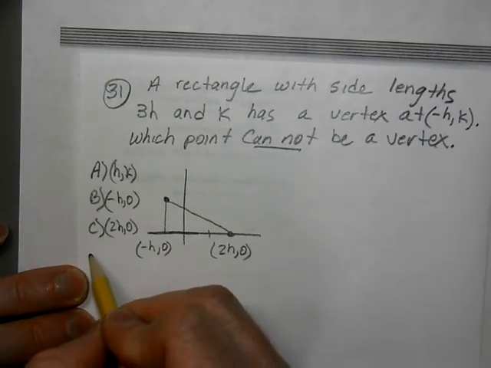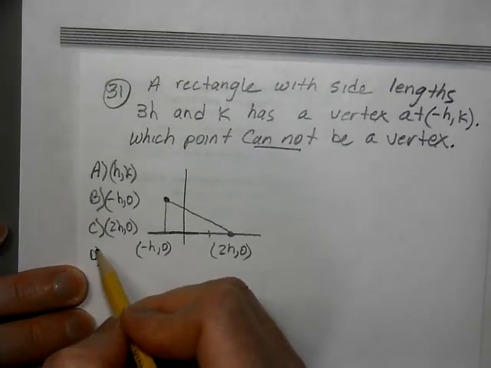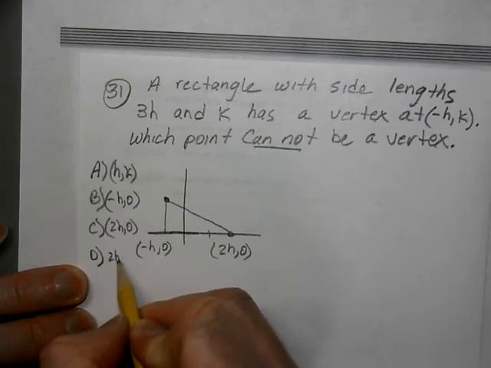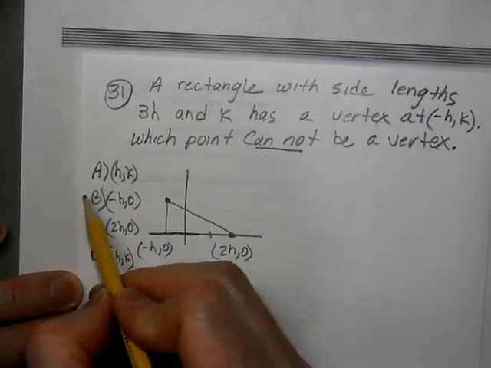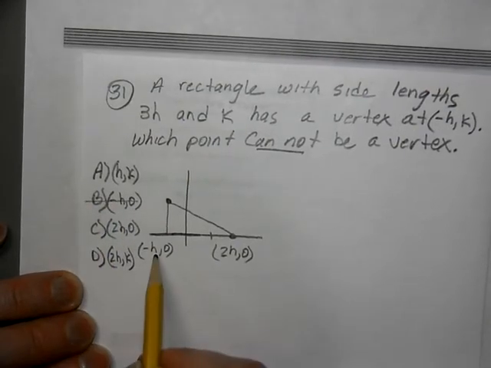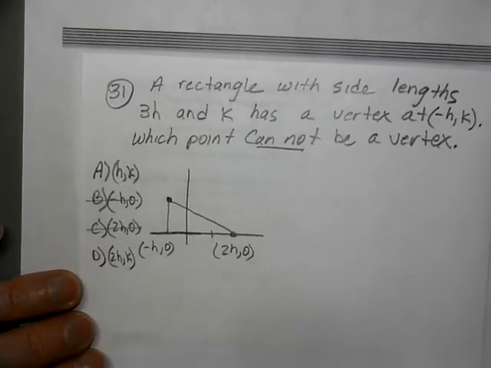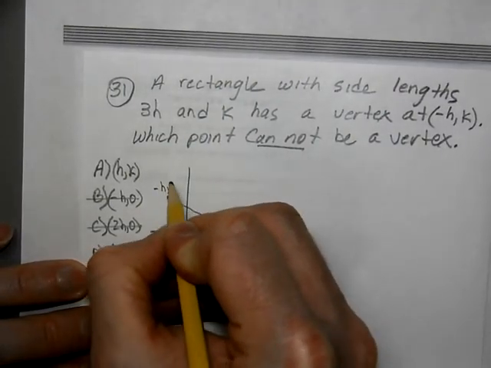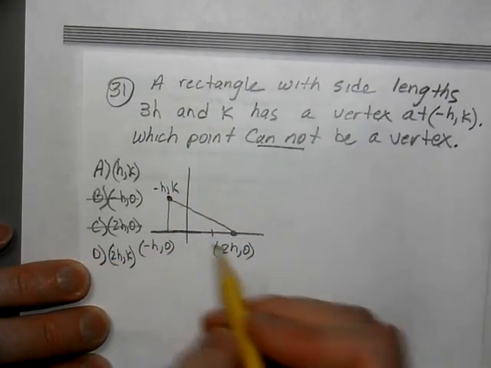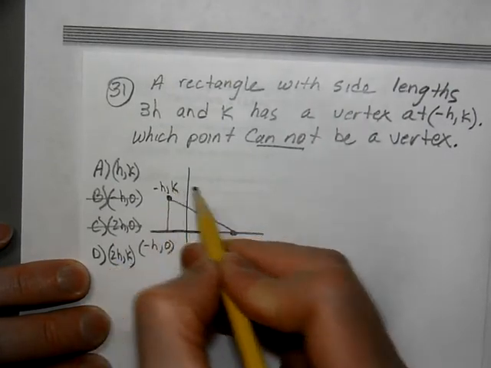And option D, 2h comma k. So we've already ruled out that we can have this one happen and we can have that one happen. So this was at negative h comma k, and those are your 3 points.